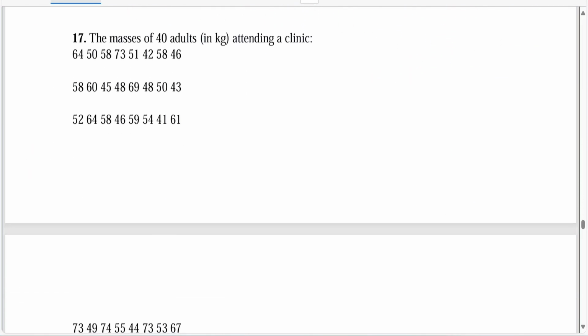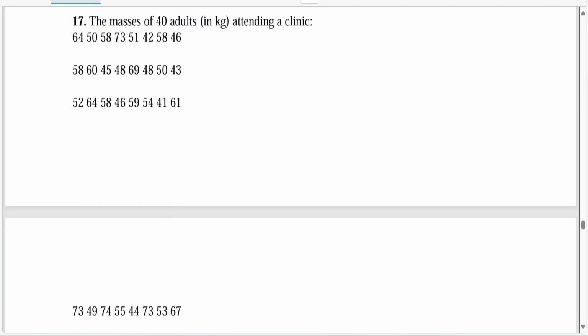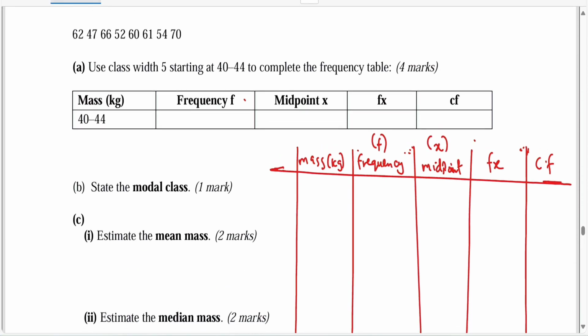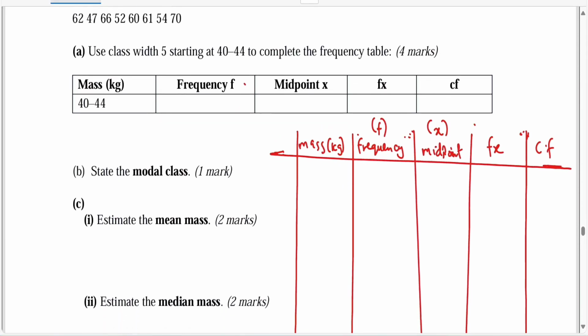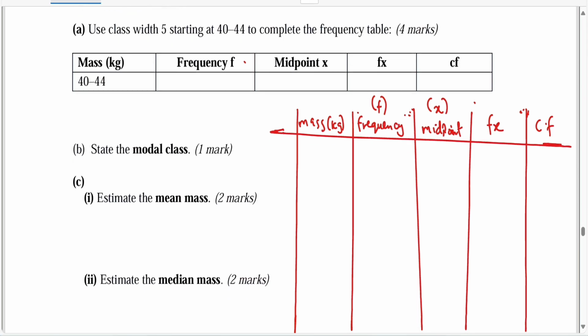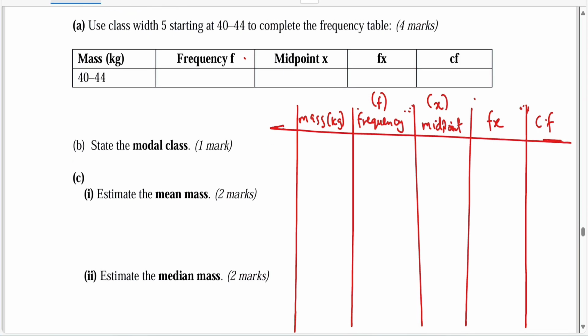Question 17. The mass of 40 adults in kg attending a clinic, and I think I've already drawn it. Umeambiwa use a class width of 5, starting at 40 to 44, to complete the frequency table.